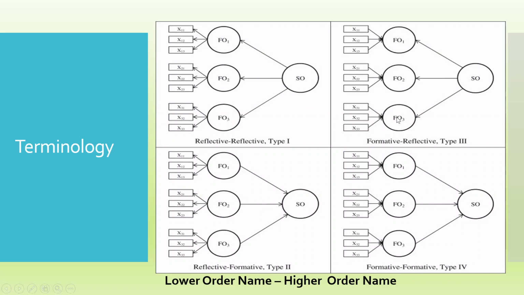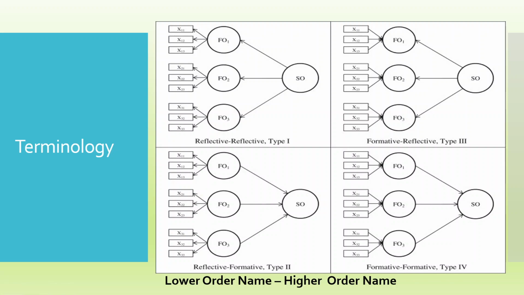If I talk about the third model, in lower order, all the arrows are moving inside the construct, and in higher order, it's reflective. So it's a formative reflective type 3 model. This we are going to discuss today. If we talk about the type 4 model, in lower order and higher order, arrows are moving inside. So it's a formative model.